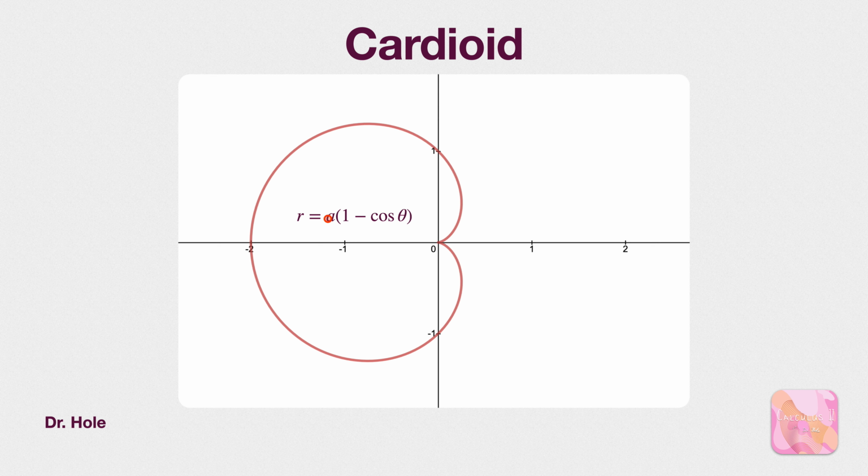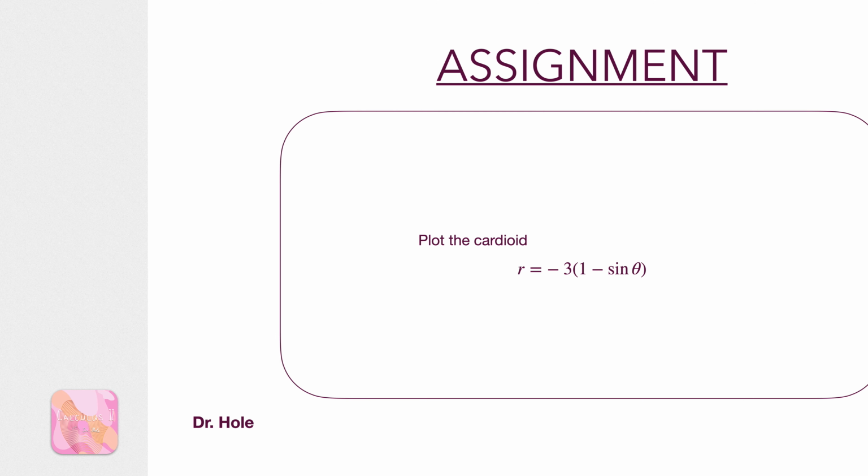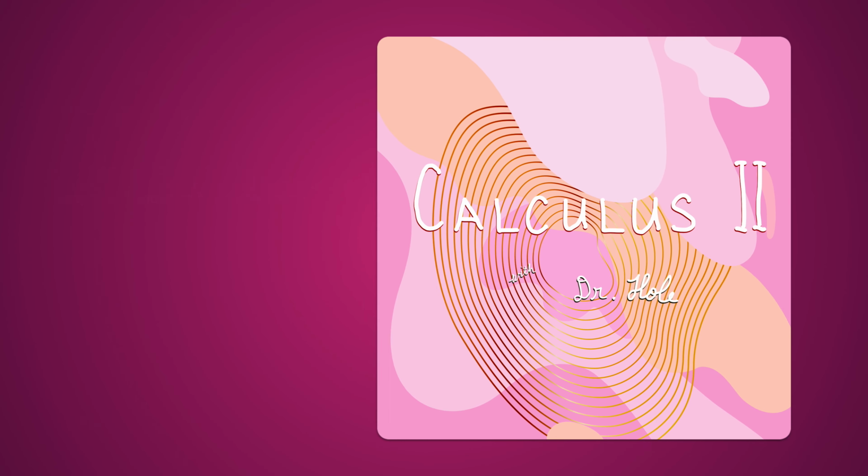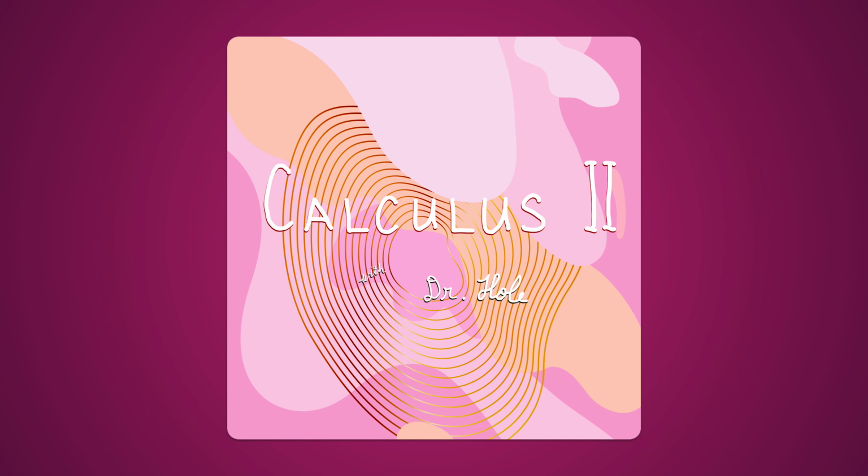And all that's done is, since a and b are the same, swapped out b for a and then factored off the a. Okay, so cardioid is a particular limacon. Excellent. So give this a shot, plug it in, plot this cardioid, and that finishes this video.